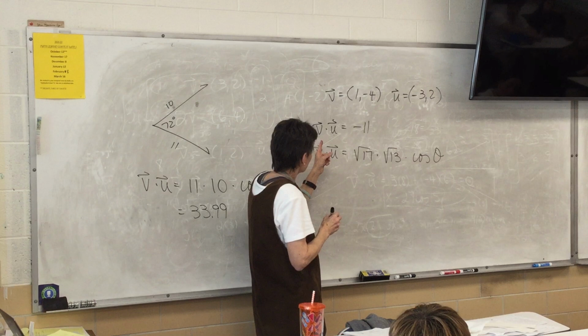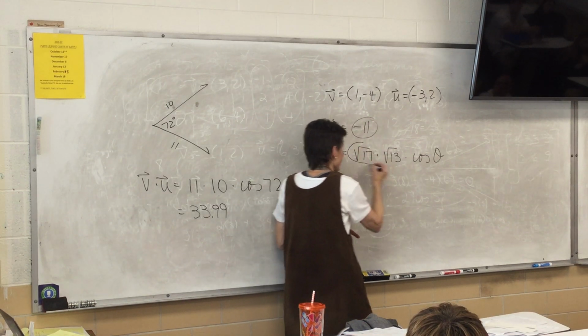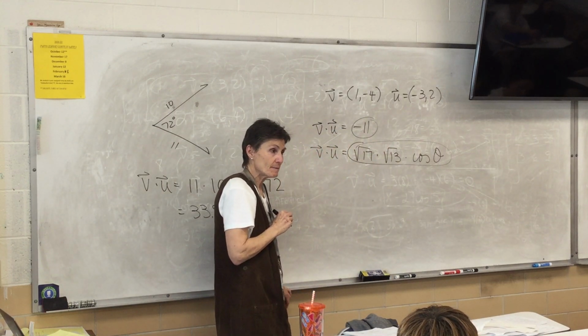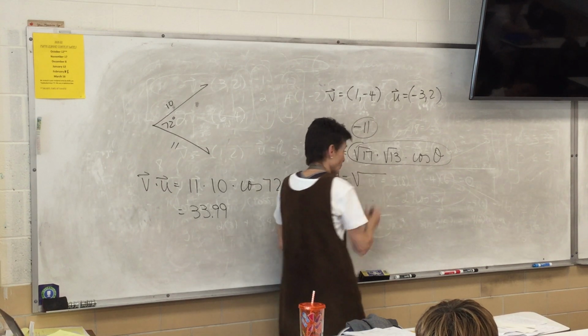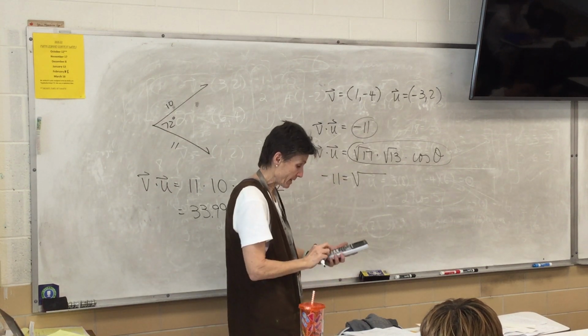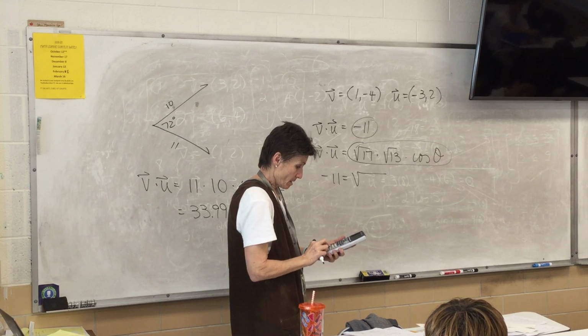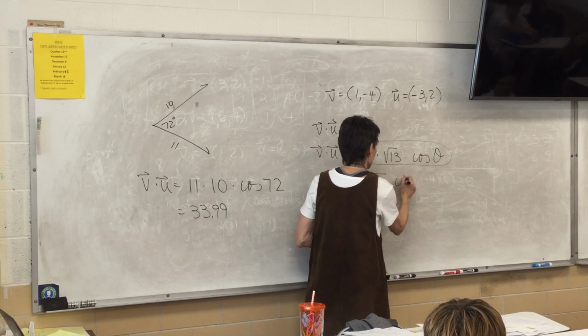Now notice, the dot product is this, and it's also this. So what can I do? Set them equal to each other. So negative 11 equals the square root. I'm going to go ahead and combine those radicals. What's 17 times 13? 221, cosine theta.